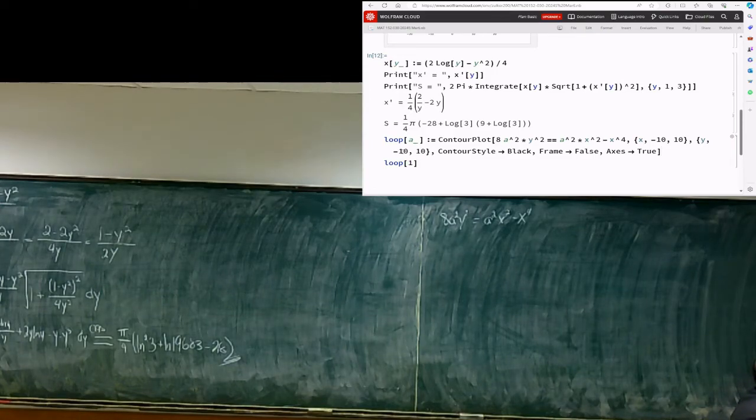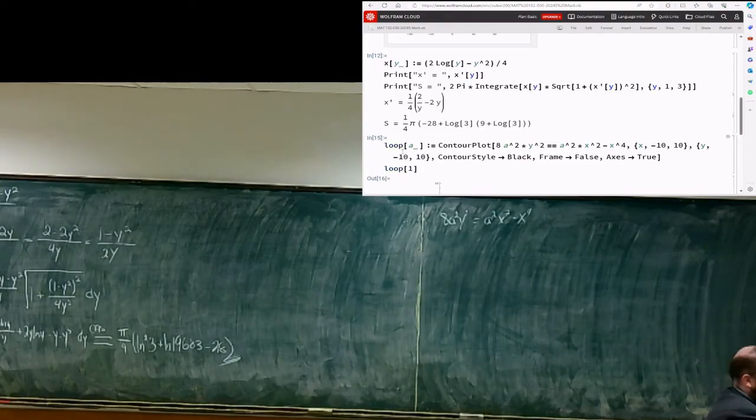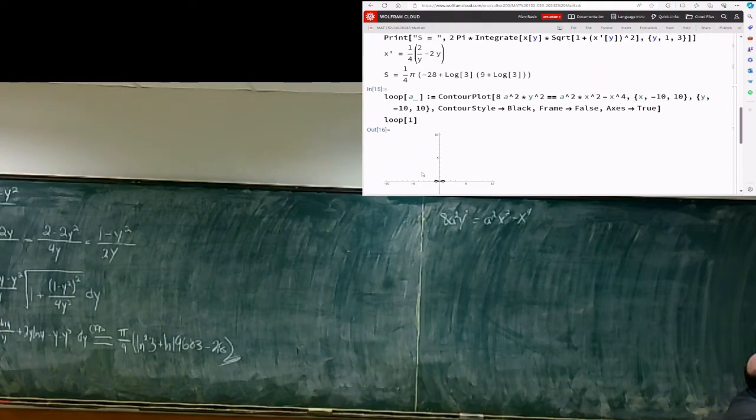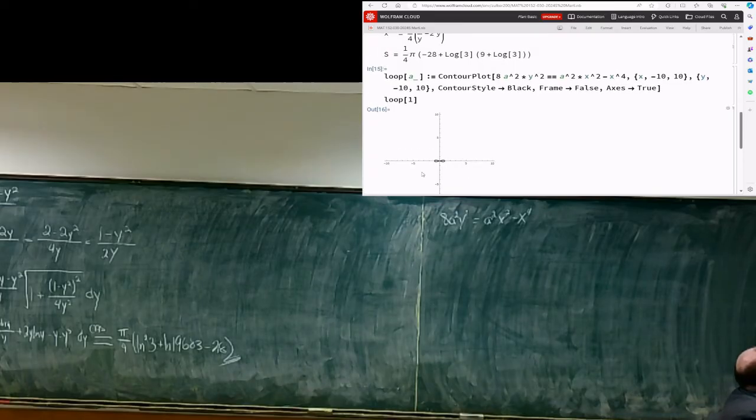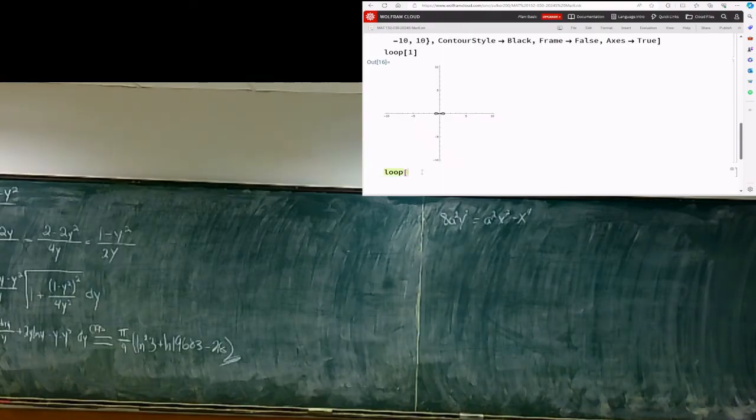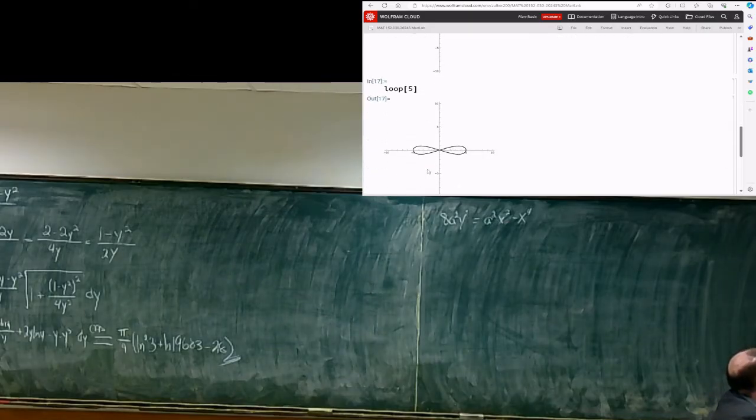And let's just look at loop of 1. Okay, so that's going to give me a general idea. I'm going to go loop of 5. So, lemniscate.